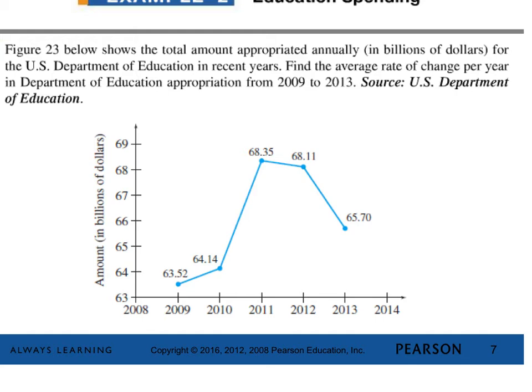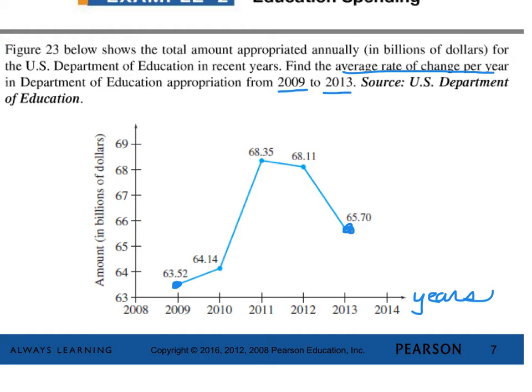And we want to find the average rate of change per year, remembering that this is years. We want to find the average rate of change per year from 2009 to 2013, which means the only points that we're going to be interested in here is this point and this point.